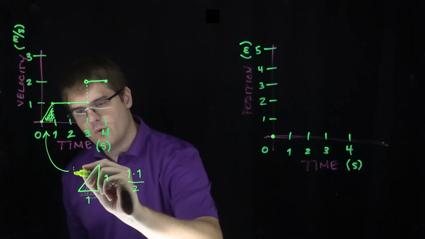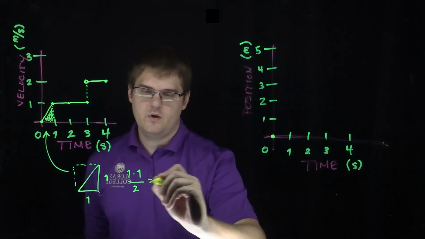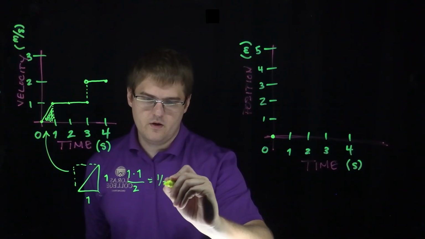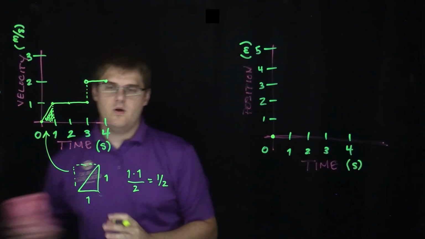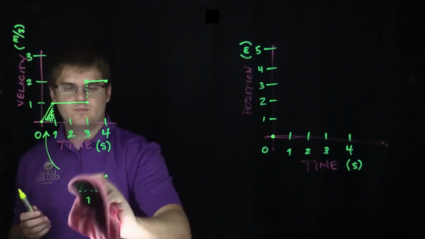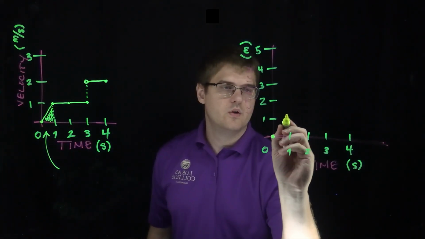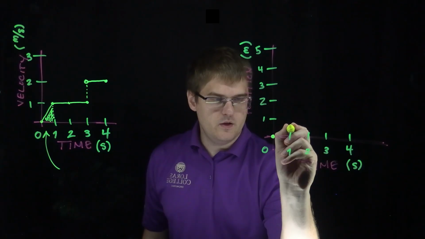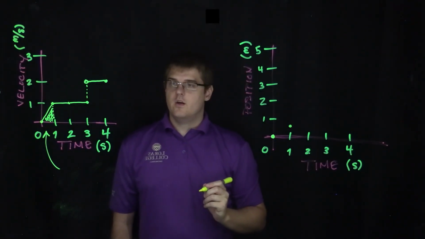If this were a full square, it would have had an area of 1. So we have an area of 1/2. So that is how high our piece is going to go here. So we know that at time 1, our position is going to be at 1/2. Great.